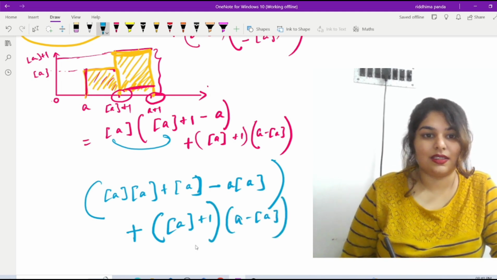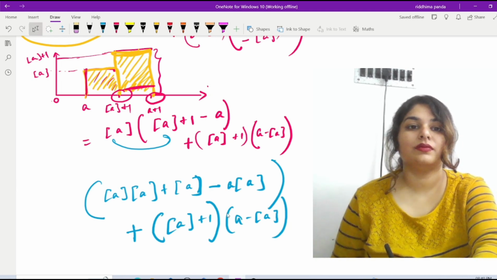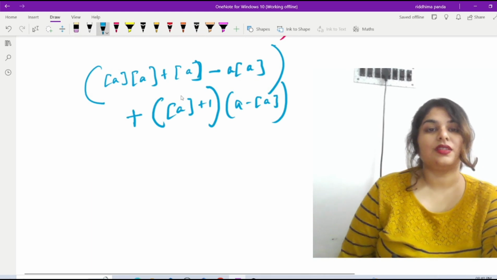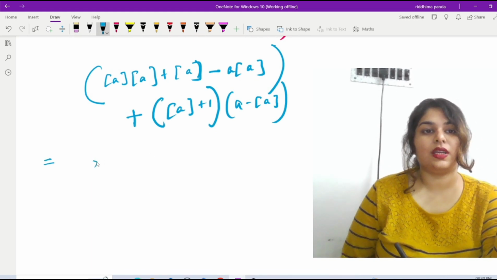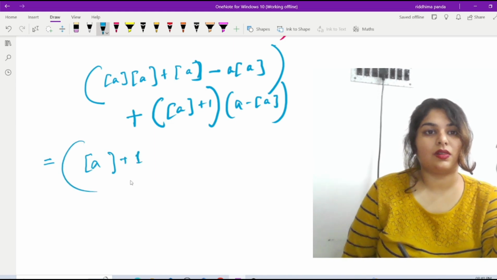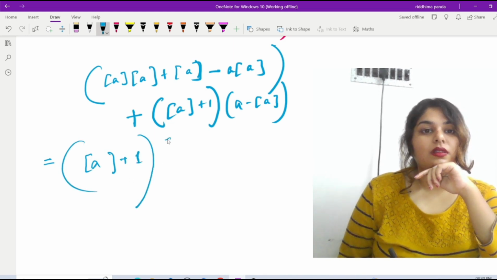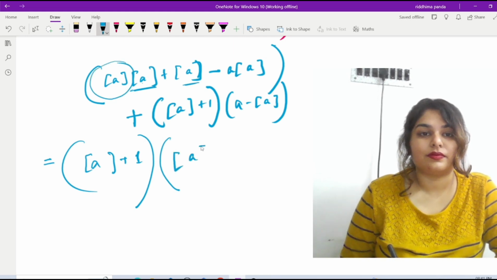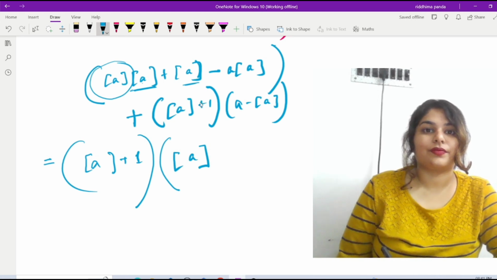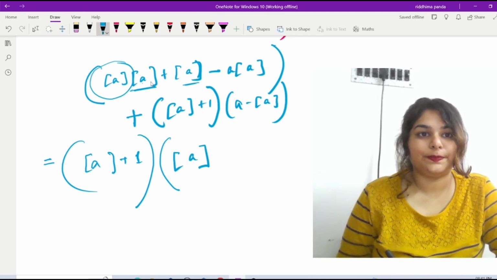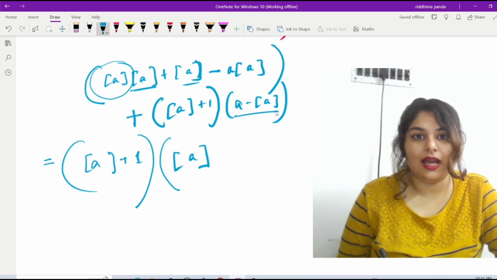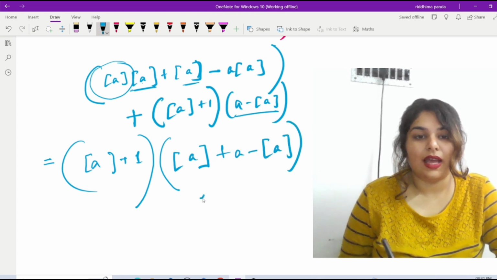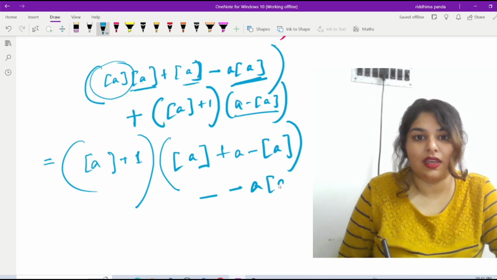We can take a plus 1 common, and we are left with this term, and here we have plus a minus a, with this term left, minus a.